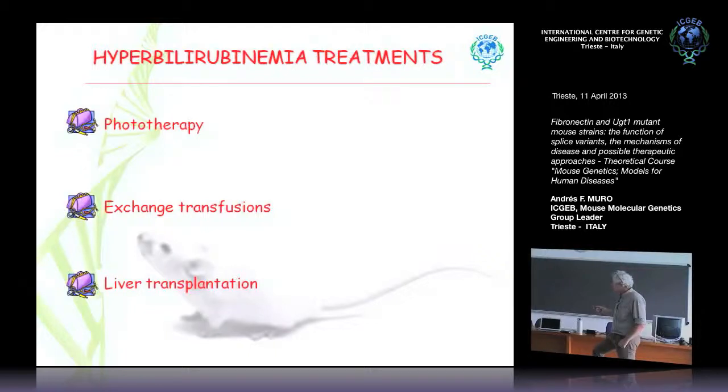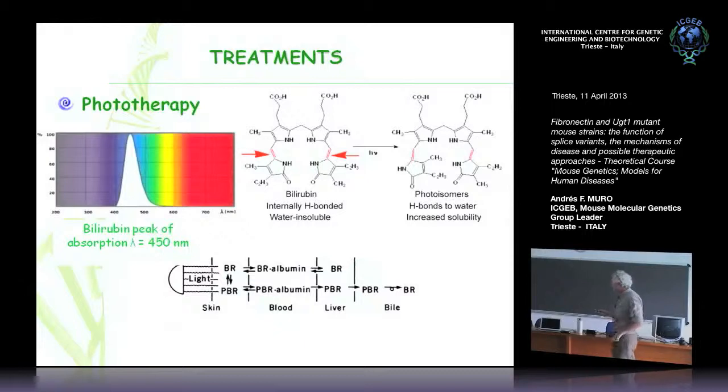But finally, phototherapy is not efficient as such, and liver transplantation has to be done. Phototherapy is based on the conversion of bilirubin into a photoisomer that is water-soluble. The wavelength that is normally used is 450 nanometers, that is blue light.